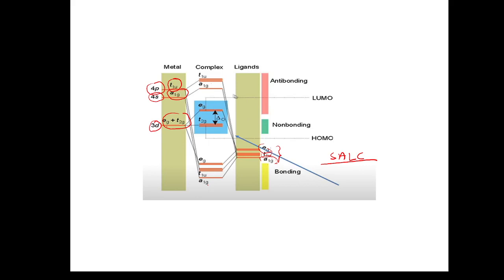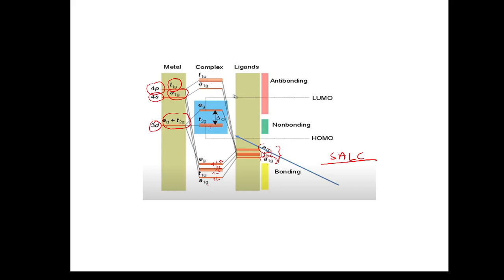Now the important thing is that the 6 electrons, the 12 electrons from the ligand will always be down, lower than this non-bonding level, and your d electrons will basically fill from T2g and Eg.